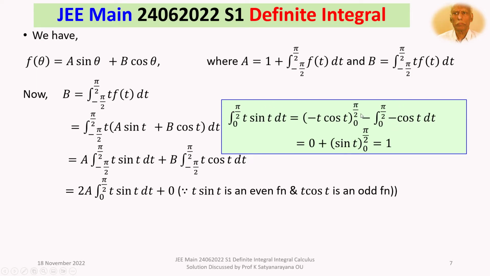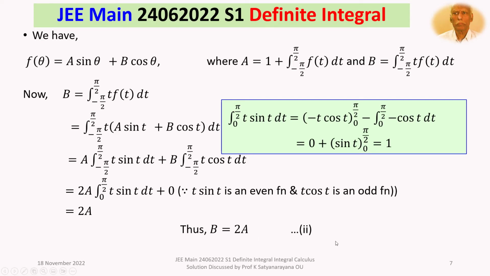So, minus into minus is plus, and the integral of cos t is sin t. Sin t is to be evaluated from 0 to pi by 2. And here t cos t, when evaluated between 0 and pi by 2, will give the answer 0, and the other gives 1. So, the integral from 0 to pi by 2 of t sin t dt is 1. So, this is 1. So, you will get 2a. Thus you got a relation that b is equal to 2a. This is the second relation.